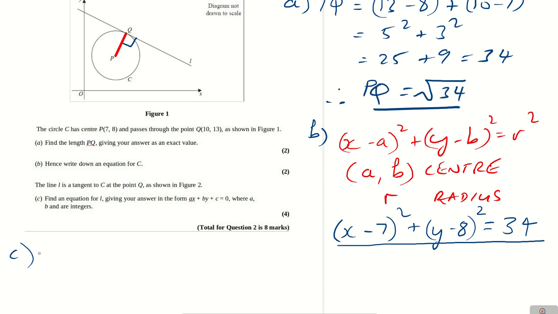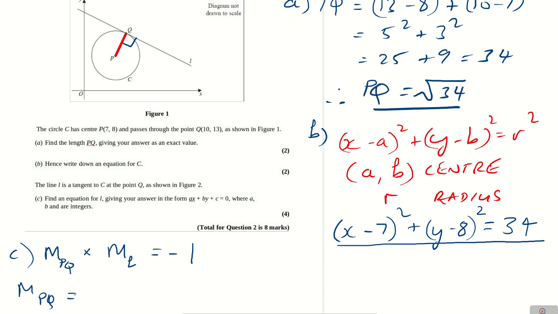Okay, so in other words, if we can find the gradient of the line PQ, then that multiplied by the gradient of the line L must equal -1, as they are perpendicular. Now it so happens that we can easily find the gradient PQ.